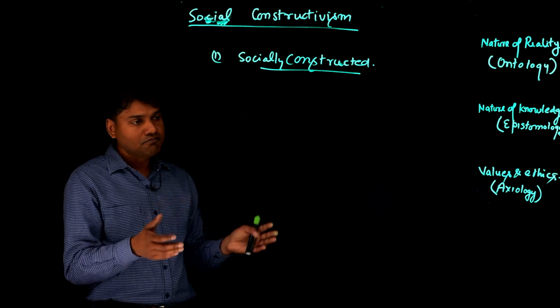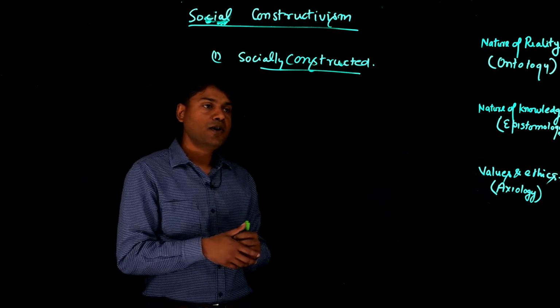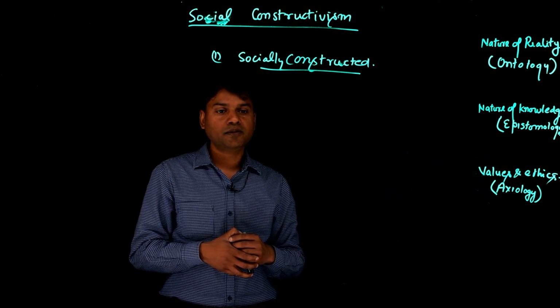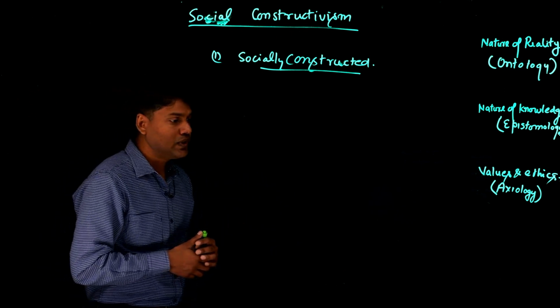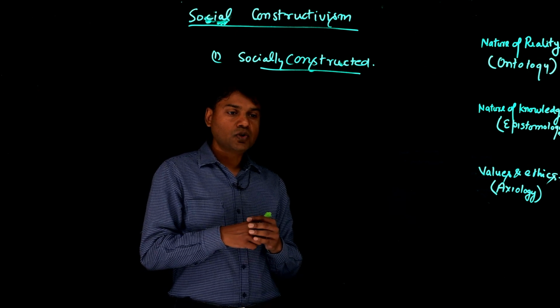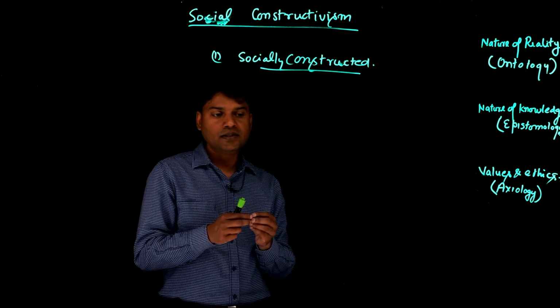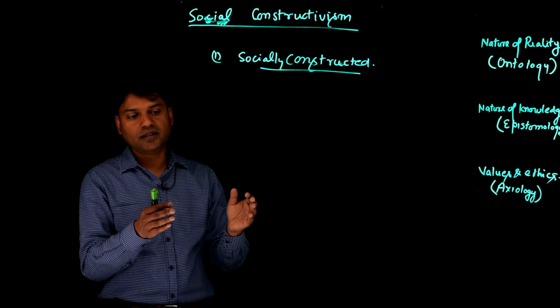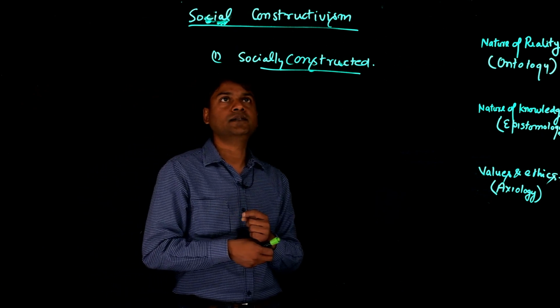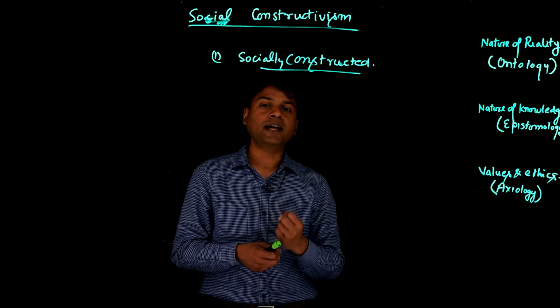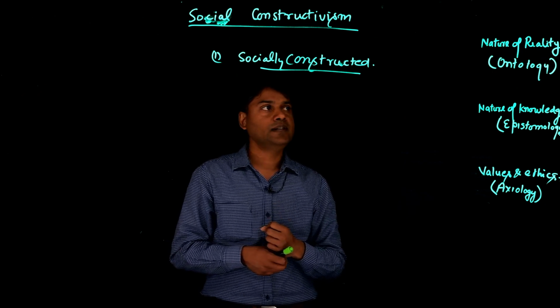And that includes maybe the environment at home, interaction with teachers, with fellow students, with administration. So the reality is created, generated based on the interaction. The key idea in social constructivism is that reality is socially constructed.